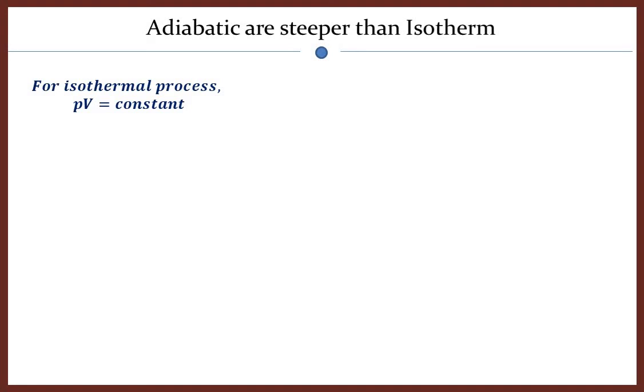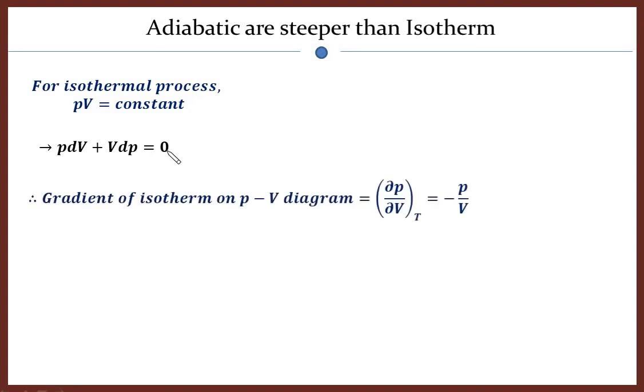Therefore, PV equals RT, T is constant, which implies PV equals constant. If you differentiate this, you get P dV plus V dP equals 0. Therefore, the gradient of the isotherm on the PV diagram will be del P del V at constant T, and if you utilize this equation, you will see del P del V is nothing but minus P upon V.